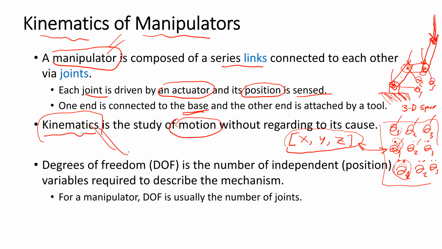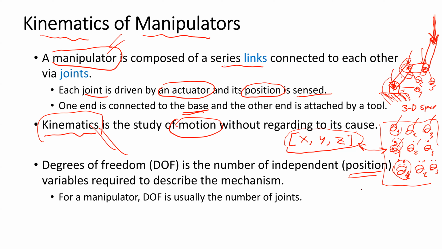Basically, the degree of freedom is counted by the number of joints of the robot, the number of actuation units that can provide a change in the position of that robot.